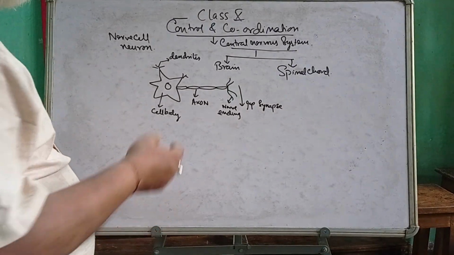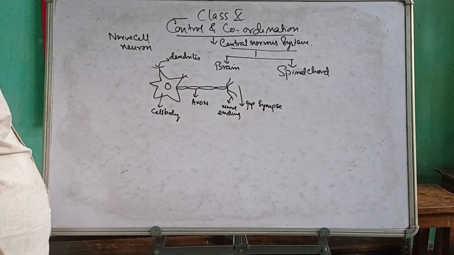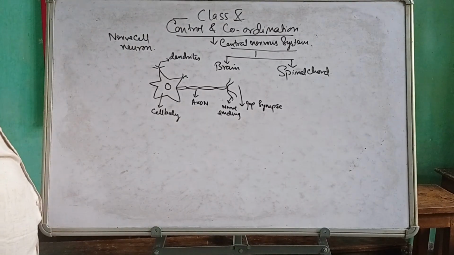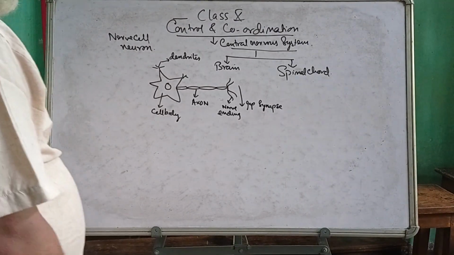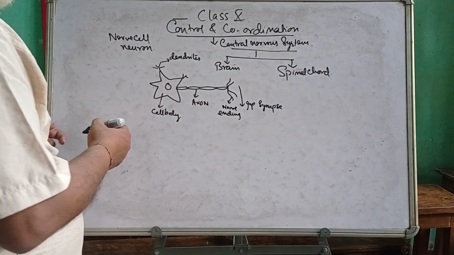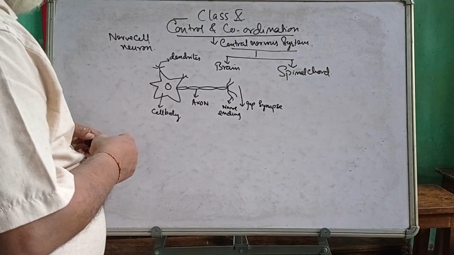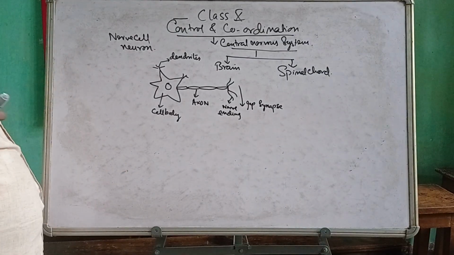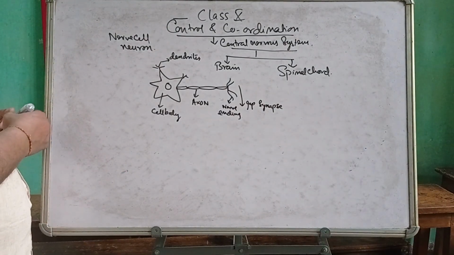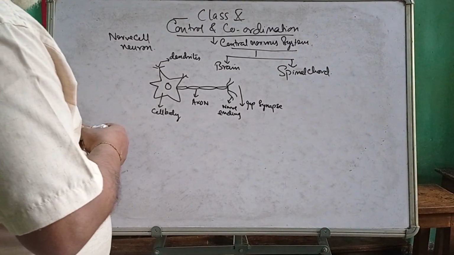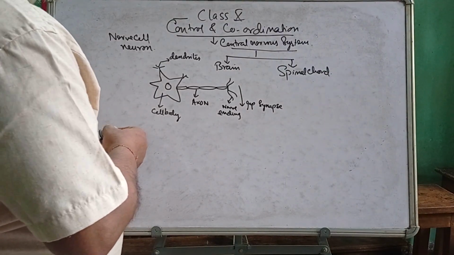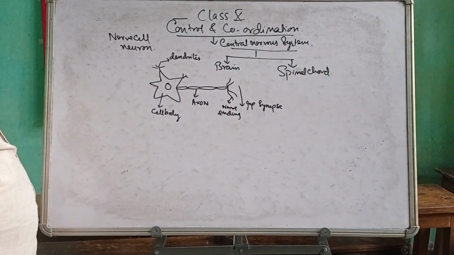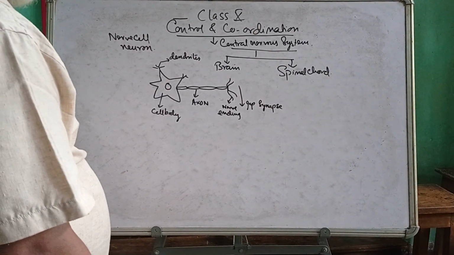It has two functions. It carries the message to the brain, and again it brings the message to your muscle cells or muscle tissues. Our sense organs receive the message, and with the help of the nerve cells it moves to the brain, and from the brain the message is sent back to the muscle cells.